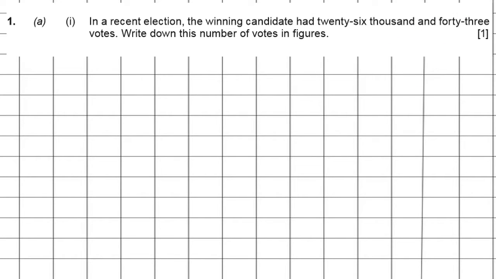So, question 1A, Part 1. In a recent election, a winning candidate had 26,043 votes. Write down this number of votes in figures. So our main information we want is 26,043 votes. Let's start with 26,000.